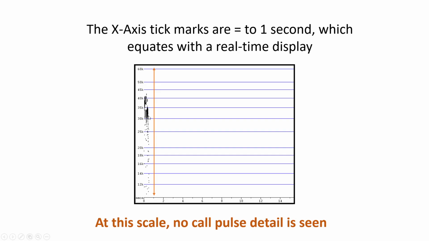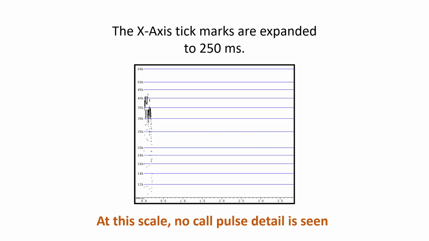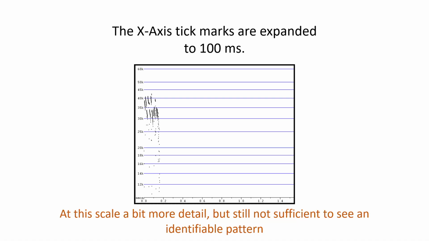So looking at the bat call, it was only calling for about half a second. But with the real time 1 second tick marks, you can't see any details. So it's very difficult or nearly impossible to identify unless you've had a whole lot of experience. We expanded to 250 milliseconds, so we're magnifying the call.